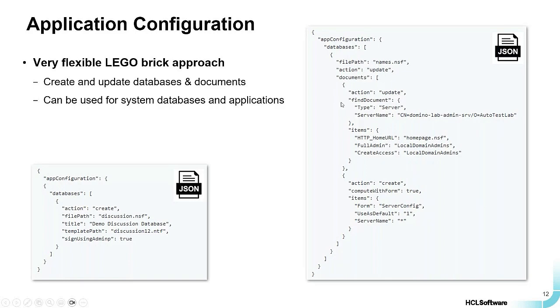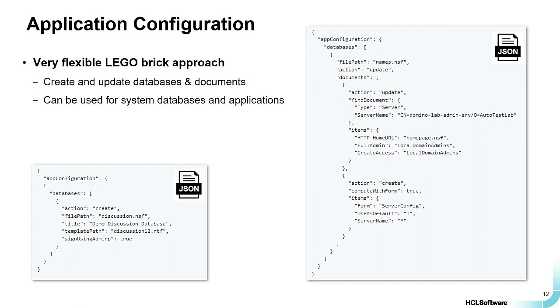I have now a document section where I say, here's a document, find the document, type is server, name is equal this, and then I update the homepage, the full access admins, and for create access, I also add local domain admins.